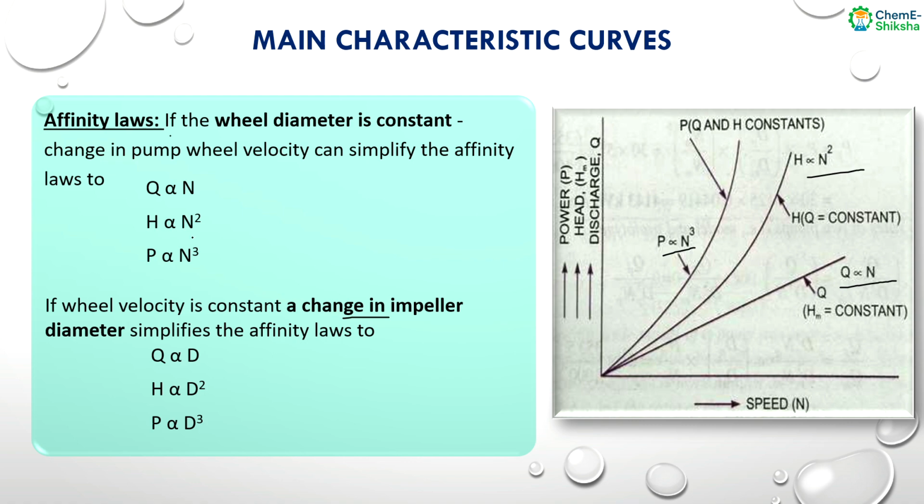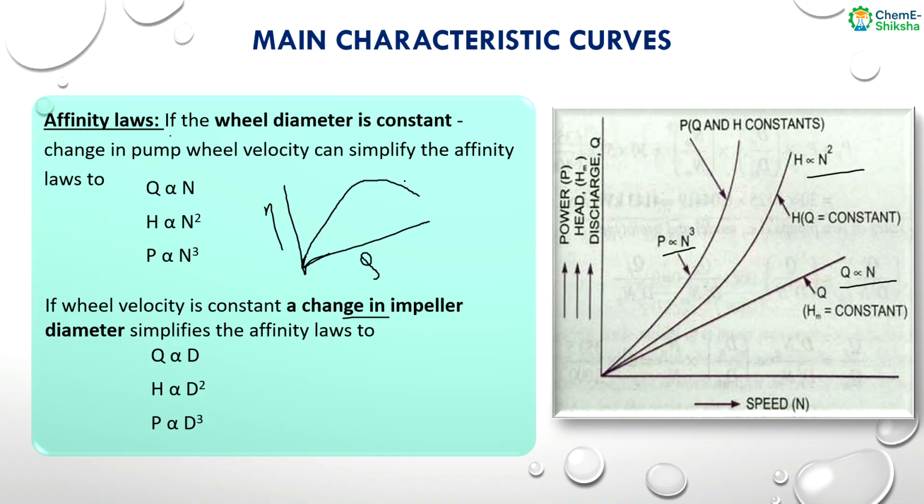Now there is one more thing: when we are changing the diameter or changing the wheel velocity, how our eta is affected. So let's say this is the curve of eta versus Q. We know that it will start from this 0 point and go up to this.